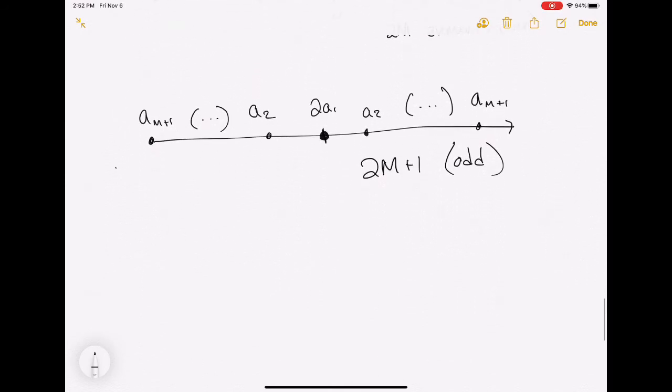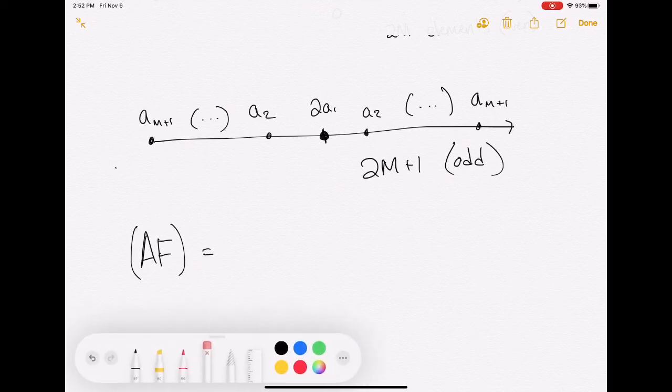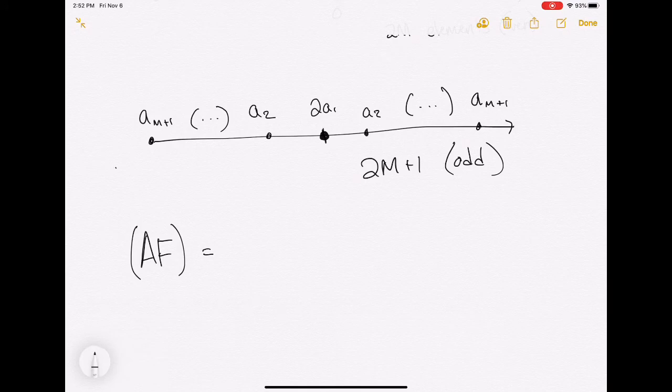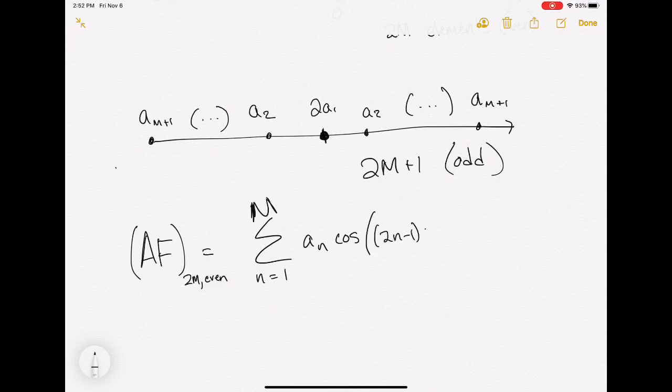Then your array factor is equal to, if you have an even number of elements, the sum from n equals 1 to M of a sub n cosine of 2n minus 1 times u, where u is kd over 2 cosine theta.